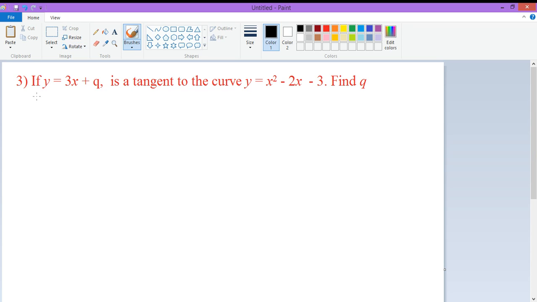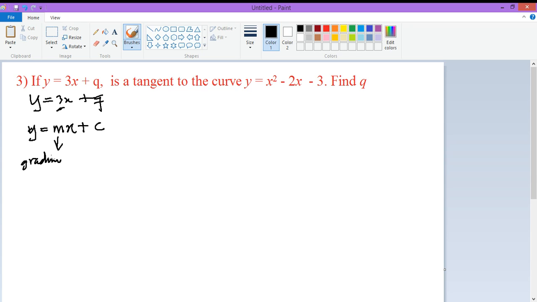Now, we know that if I have y is equal to 3x plus q, then 3 is my gradient. Note that at the GSS, you were taught that the equation of a line is of the form y is equal to mx plus c, where m is the gradient. So the gradient of the tangent is 3.